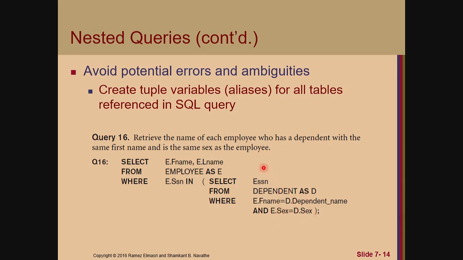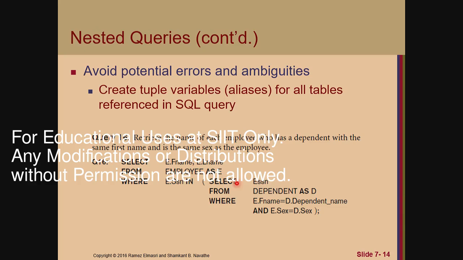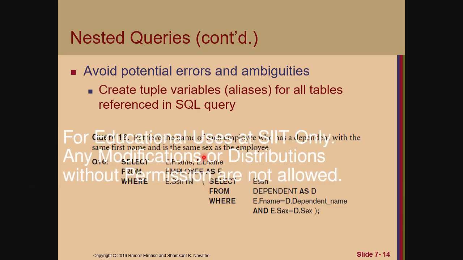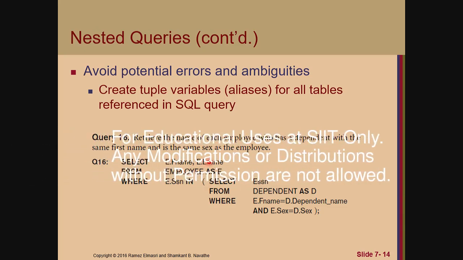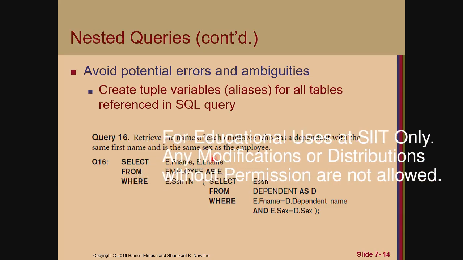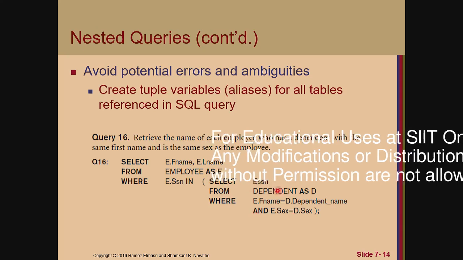And then we list the employee name, sorry, we list just the employee SSN. And we use this list of SSN to retrieve the first name and the last name of the employees with these conditions.